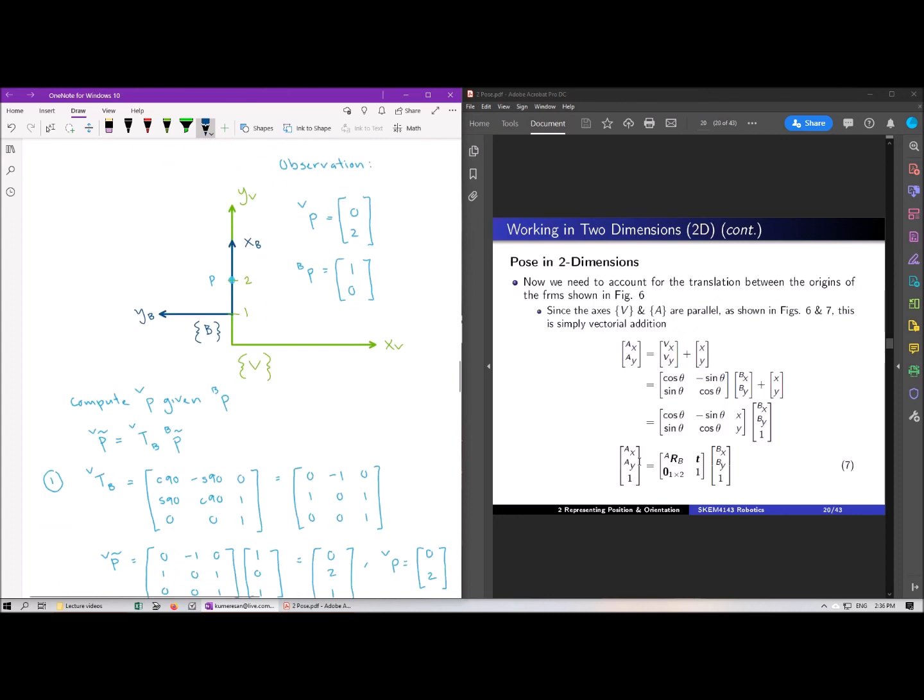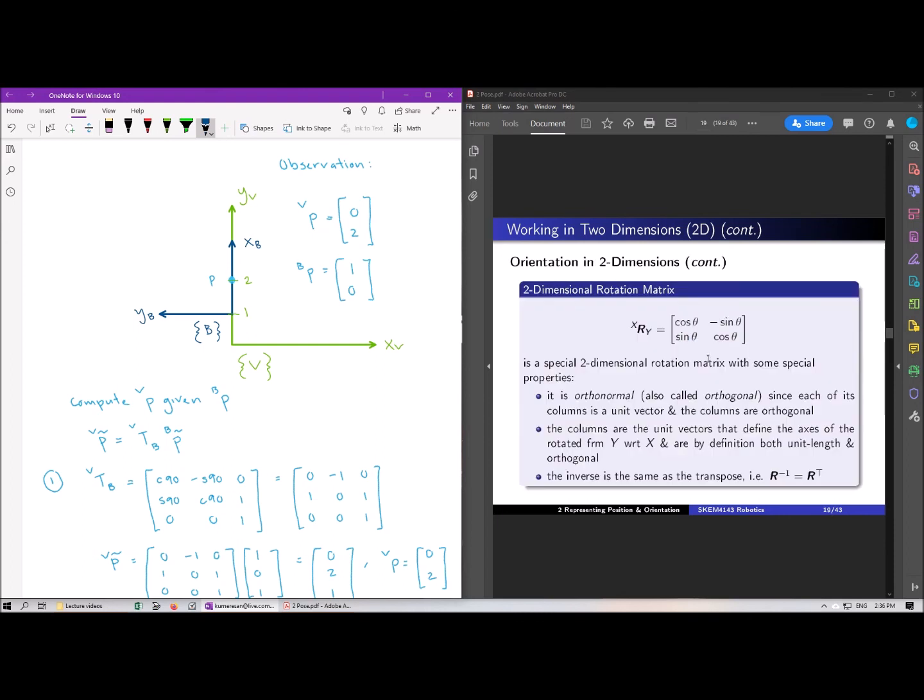Let's look at the pose now. The pose, which represents the position and orientation of a coordinate frame or an object, is given by this. The last row is always 0, 0, 1. The top left 2 by 2 matrix is just the rotation matrix that we have seen earlier.